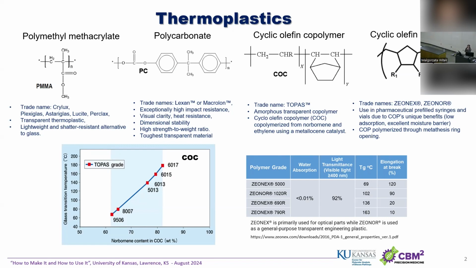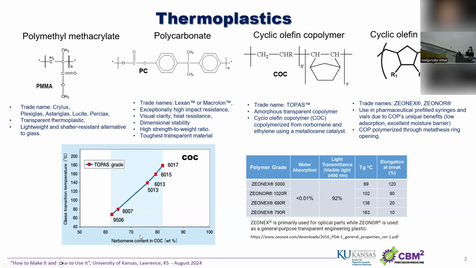Polycarbonate, cyclic olefin copolymers, and there could be different grades, so to speak, of the cyclic olefin copolymer. So when you're reporting or looking for your application, pay attention to those different types of copolymers, and you can see that they vary in the concentration of the norbornene content.